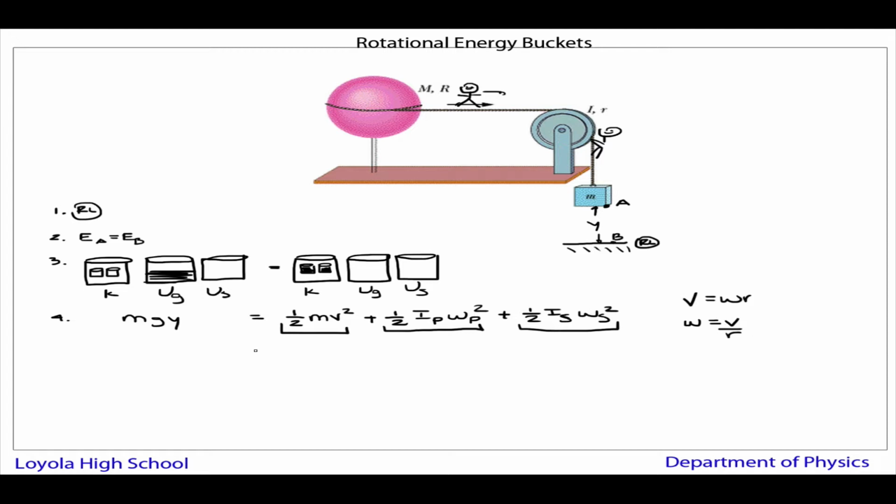So I'm going to get rid of the omegas and make them all V over R. If I rewrite this, I get 1/2 mv squared, the linear, plus 1/2 I pulley times V over R pulley squared, plus 1/2 I spherical shell times V over R shell squared.